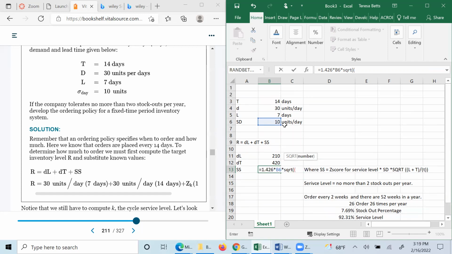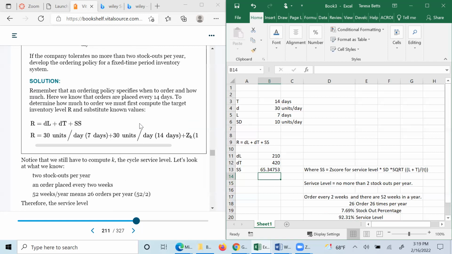I need to put my lead time and my time between reviews together in the numerator, close that and divide it by, and our unit of measure is a day. So that's only going to be 1 day. And if life is good, that gives us 65.34.